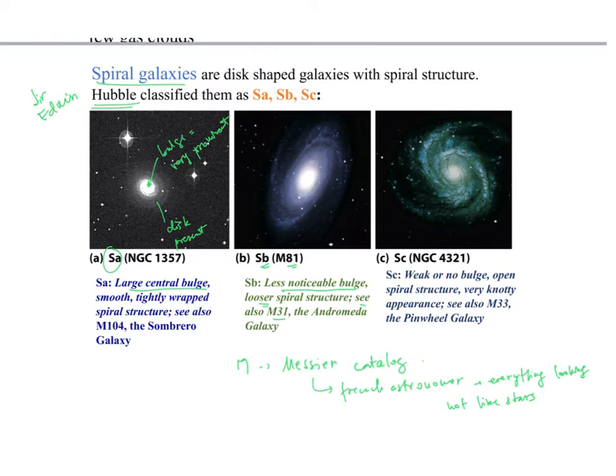All right, so moving on, a spiral of type C would have weak or no bulge, very little bulge, and then the spiral structure now becomes very knotty, not as tight as it was for the type A. So this is, for example, the name of the galaxy.